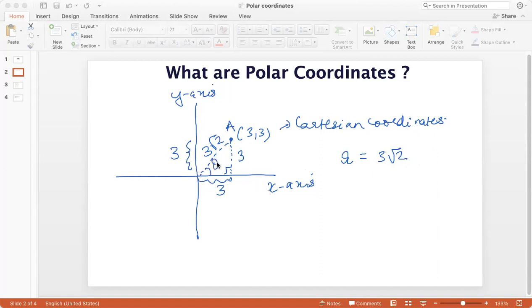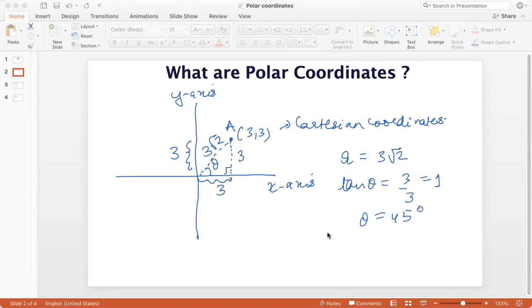And what is this angle theta that the line joining this point to the origin makes with the positive x-axis? That would be tan theta is 3 by 3, opposite by base, which is 1. And we know that when tan theta is 1, theta is 45 degrees.